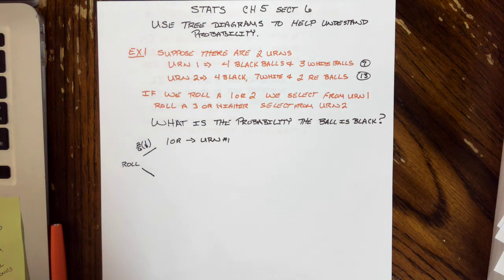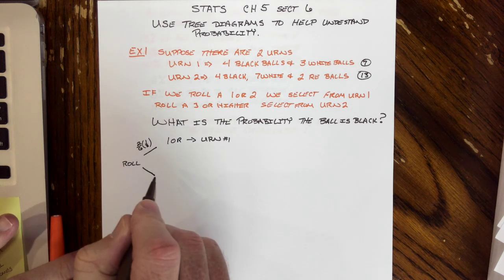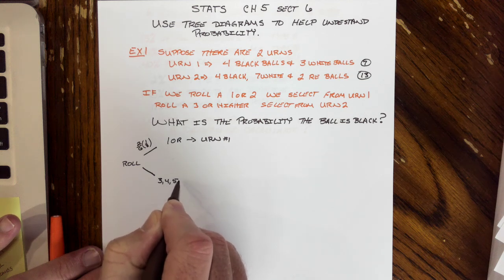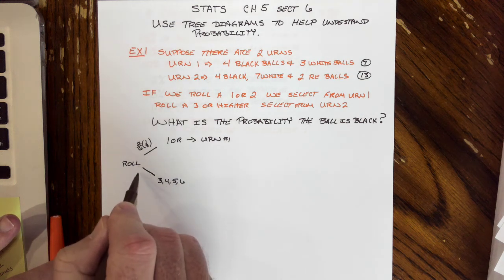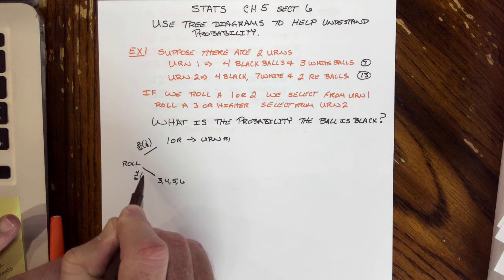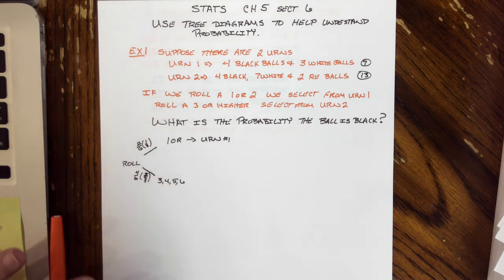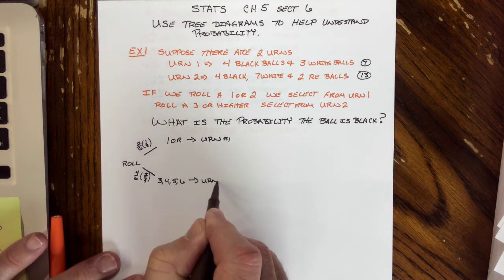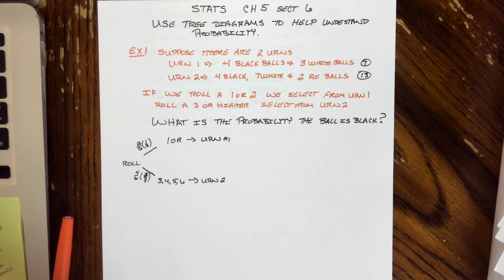If we roll 3, 4, 5, or 6, then we are out of urn number 2, which is 4 out of 6 probability. Reduces to 2/3 if you're going to stick with the fractions. And that means we go to urn number 2.